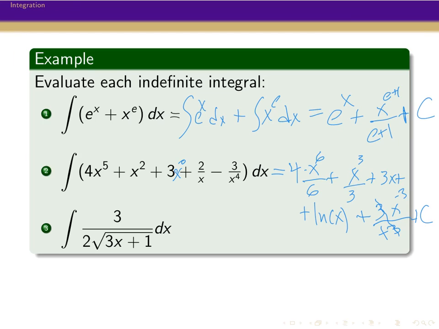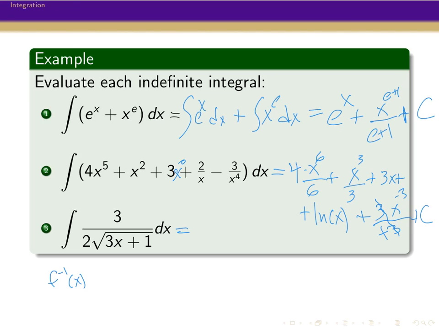Okay, so for this last one, this is a tricky one. I'm doing this to illustrate a bit of how undoing the chain rule works. Looking at this, I've got a square root going on, but it's in the bottom, and I have 2 on the outside.